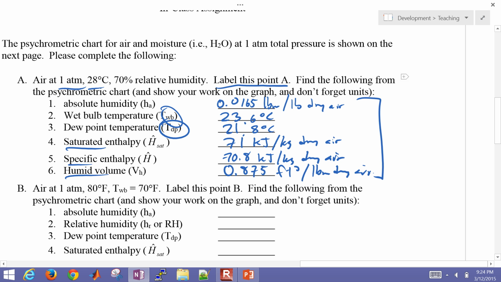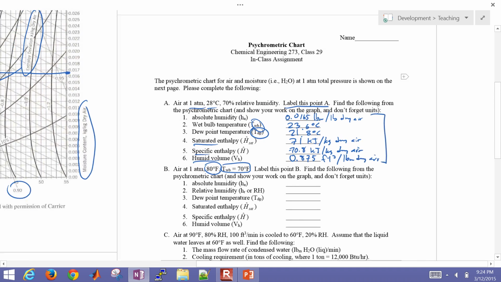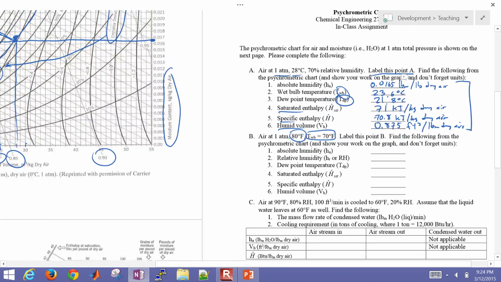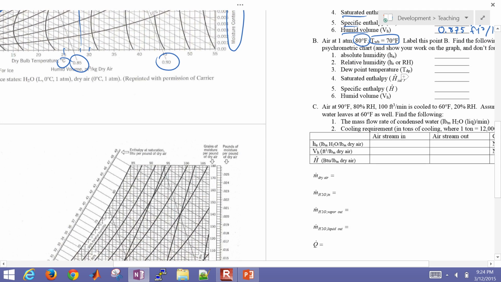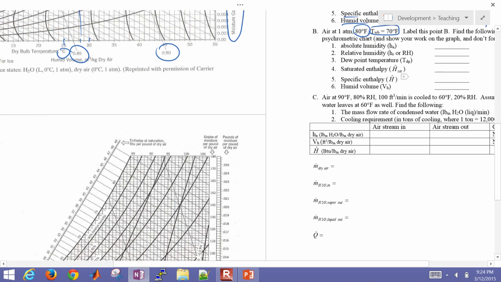Now that was 28 degrees Celsius. In this case we're given degrees Fahrenheit, and also a wet bulb temperature of 70 degrees Fahrenheit. Let's go look for this and then label it. We're going to go down here: 80 degrees Fahrenheit, but 70 degrees wet bulb.